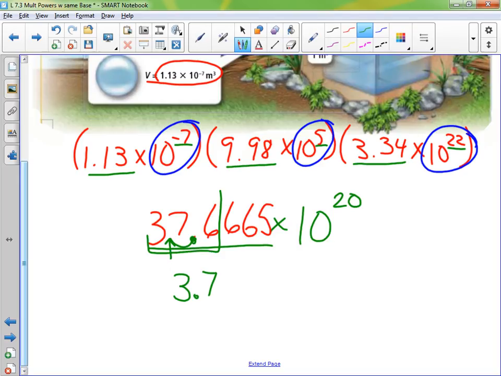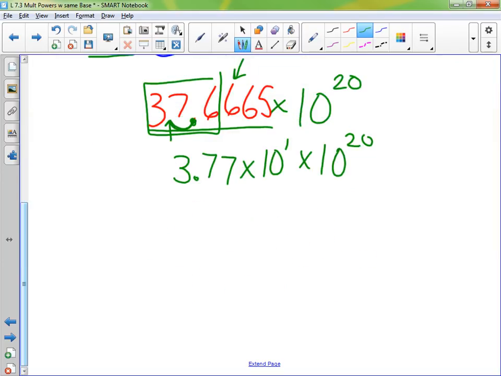Now, I only want 2 digits after the decimal point, and because I have more than that, I'm going to look to the next digit and notice that it's more than 5, so that makes me round this number up to be 3.77. Times, how many times did I move it? Just once. And then I tack on the times 10 to the 20th. So the final answer is 3.77 times 10 to the 21st.